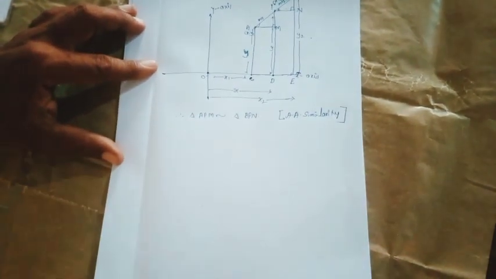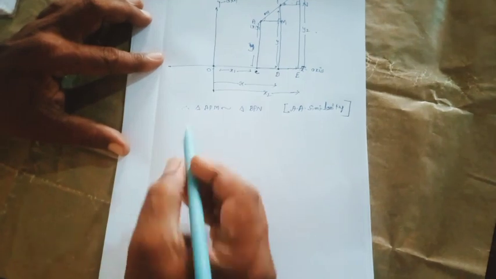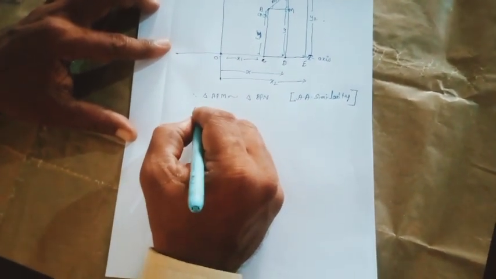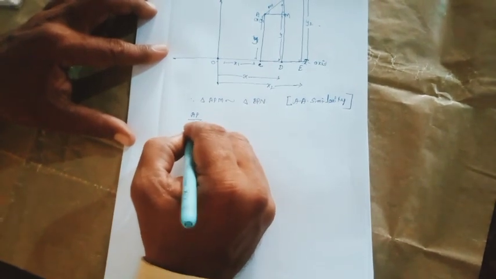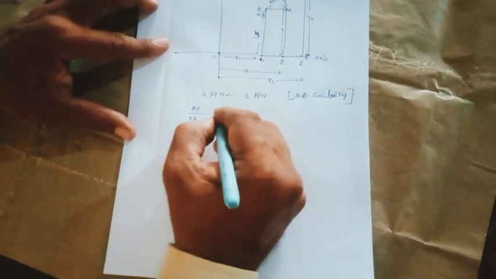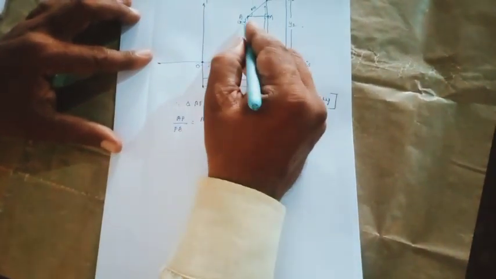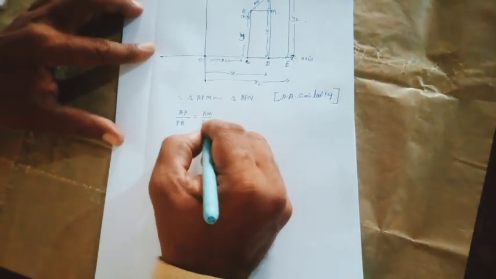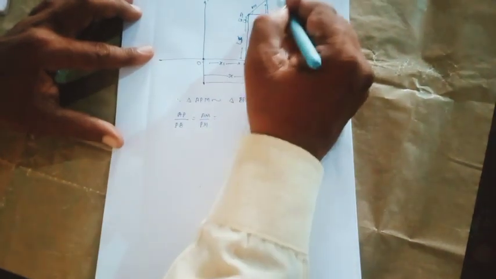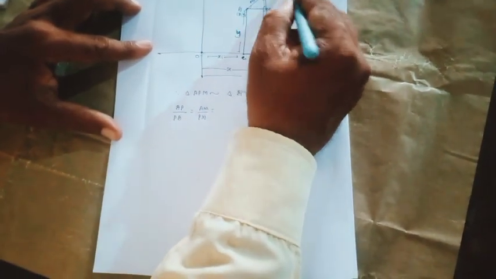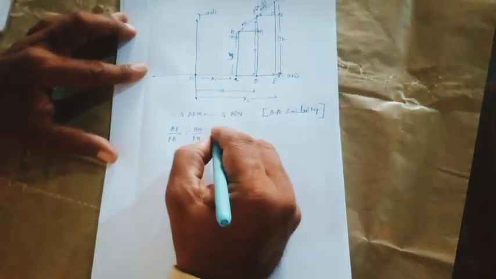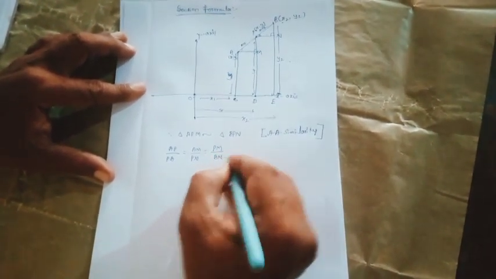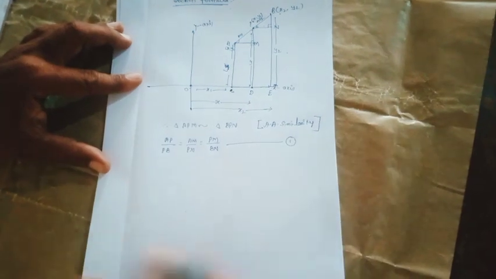When they are similar triangles, we may apply the basic proportionality theorem. Therefore AP divided by PB is equal to AM divided by PN, which is equal to PM divided by BN. This is equation number 1.